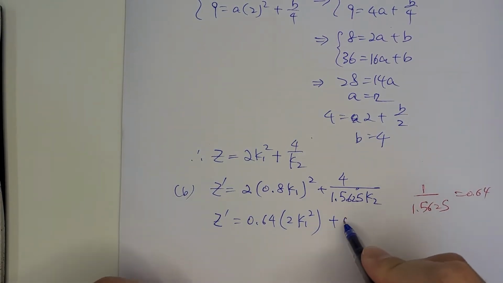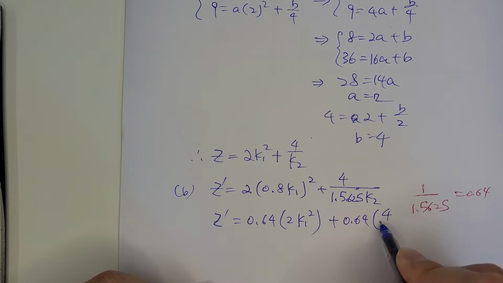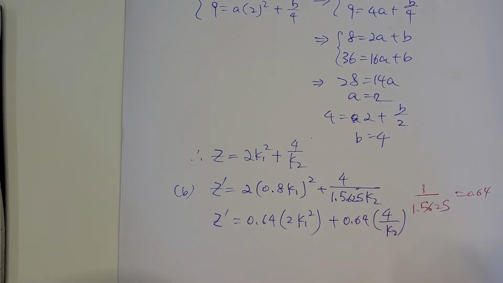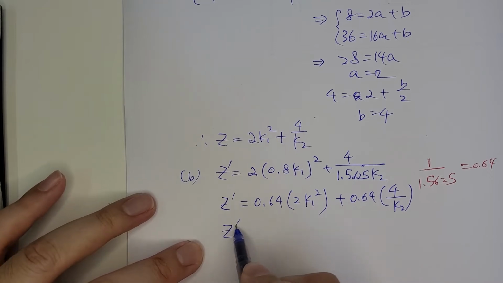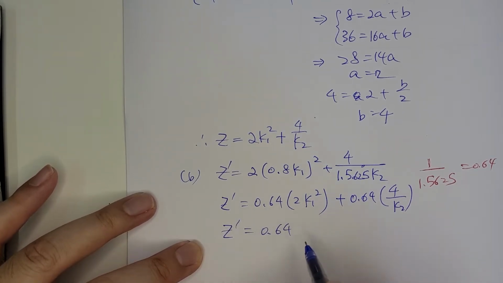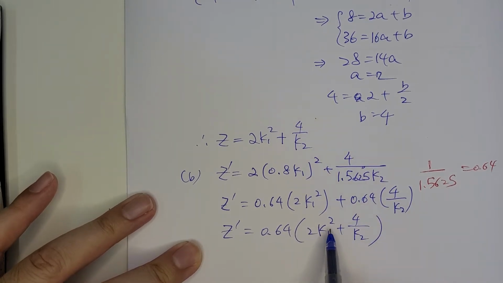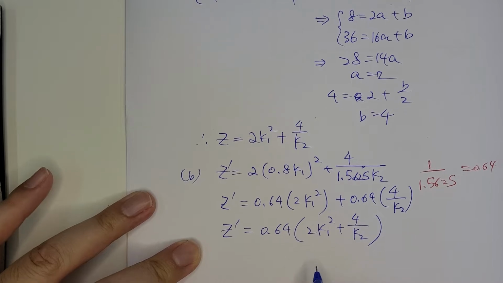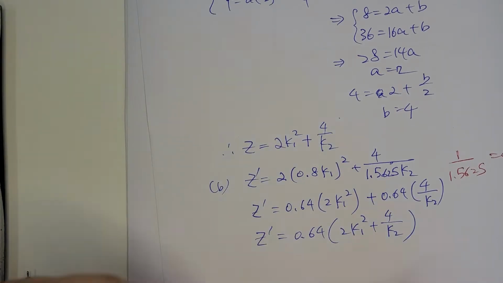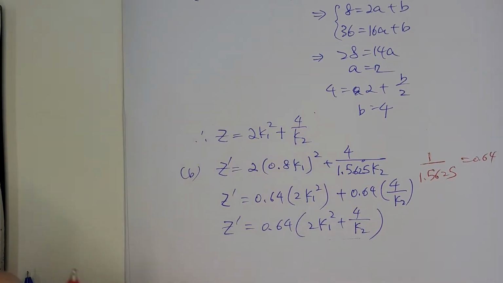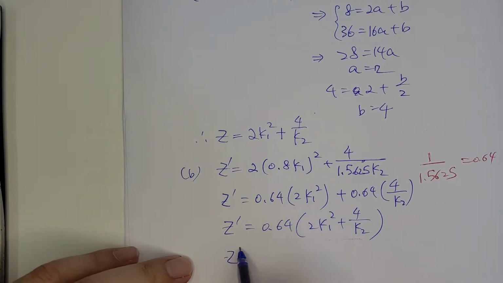So you can take out 0.64 bracket 4 over k2. And hence you can see 0.64 is a common factor. Take it out as a common factor, and inside the bracket there's 2k1 square plus 4 over k2. And here, this one is the original z. That means new z is equal to 0.64 times the old value of z.